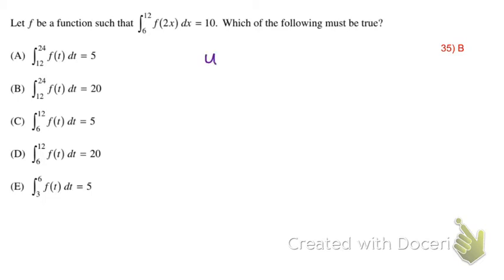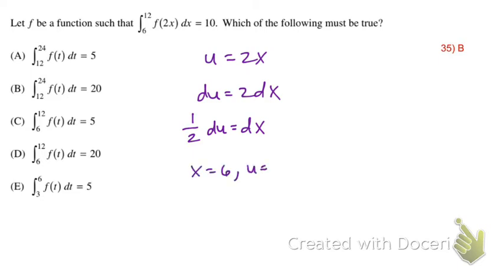If I set u equal to 2x, du would be equal to 2 dx. I don't need that 2 in there because there's no 2, so I'm going to move it over by doing 1/2 du is equal to dx. If I want to change my limits of integration, when x is equal to 6, u is equal to 12.